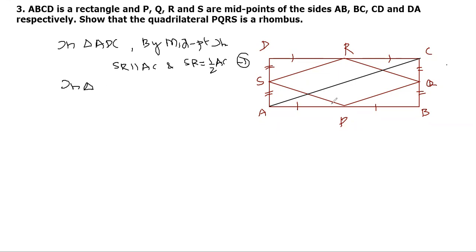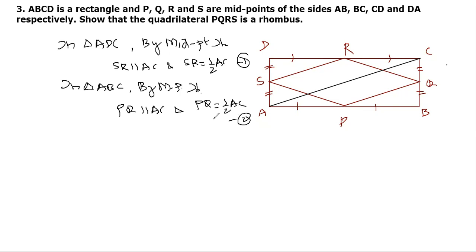Similarly, in the below triangle ABC, by the midpoint theorem, PQ is parallel to AC, and PQ is equal to half AC. So from this, PQ is parallel and equal to SR.